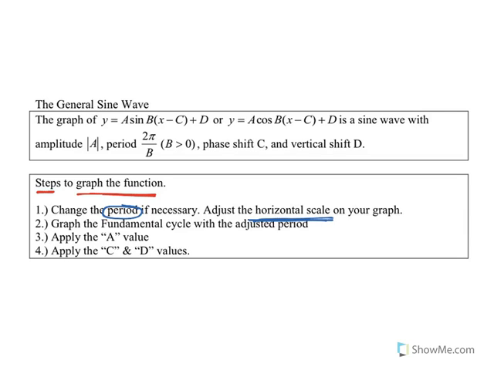So you want to set up the new period first. 8 boxes to be 1 cycle usually works pretty good, not all the time. So setting 8 boxes equal to 1 cycle or 1 period usually works pretty good. If it doesn't, then you can change it to 12 boxes.